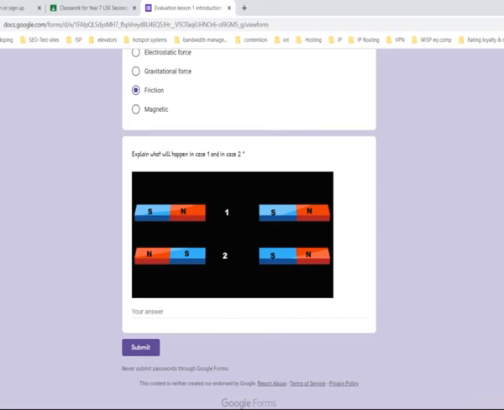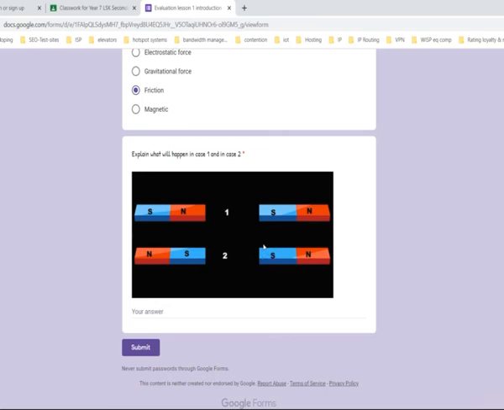And the last one: explain what will happen in case 1 and in case 2. In case 1, when the north pole of a magnet faces the south pole of a magnet, they will attract, because they are unlike poles. In the second case, they repel each other, because the south is facing the south.